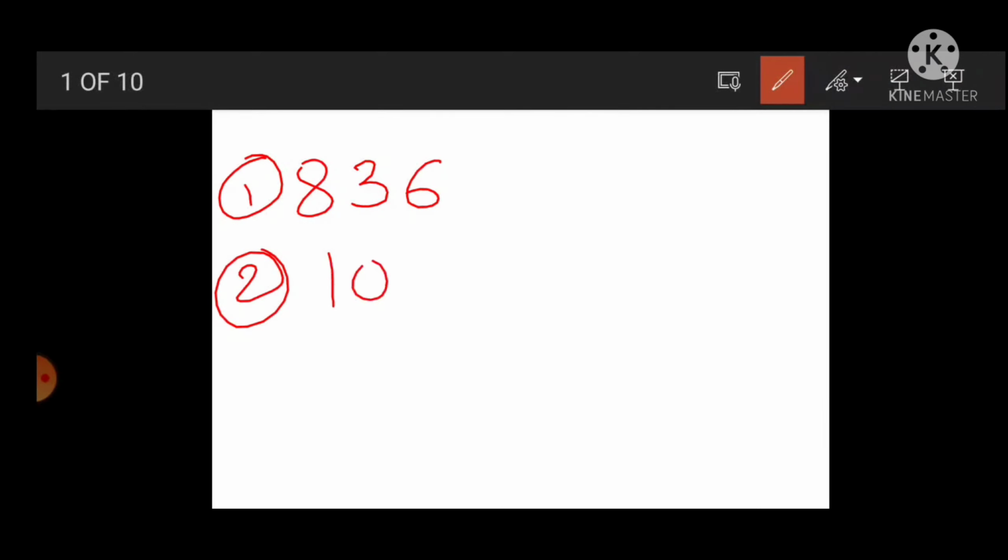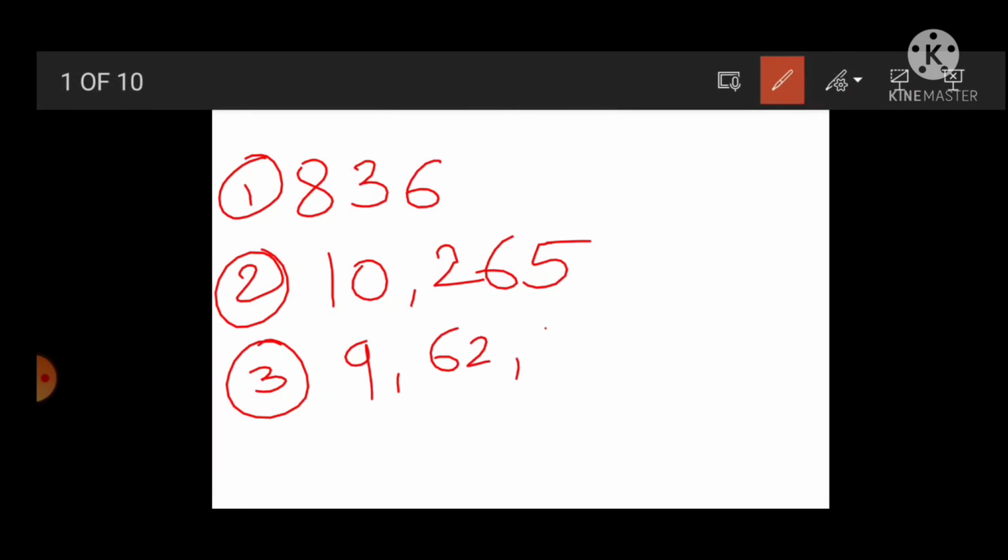See students, why do we have to discuss the divisibility test? To find the factors of composite numbers, especially when bigger numbers are there, like 836, 10,265, and the third example, 9,62,752.